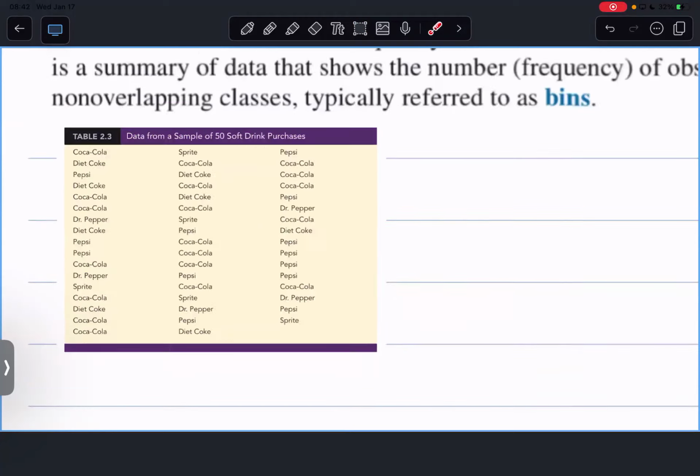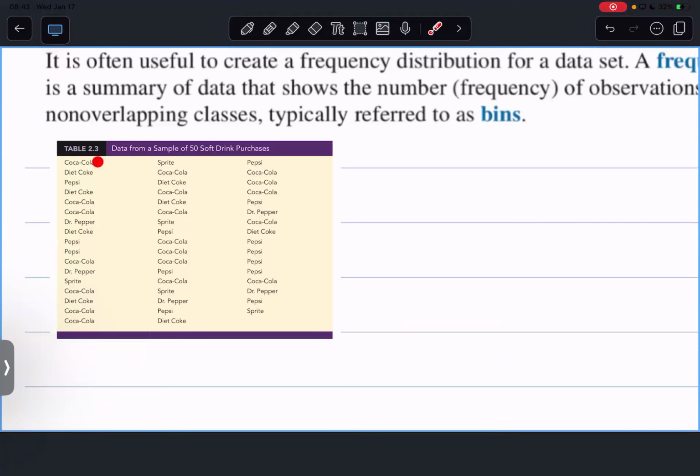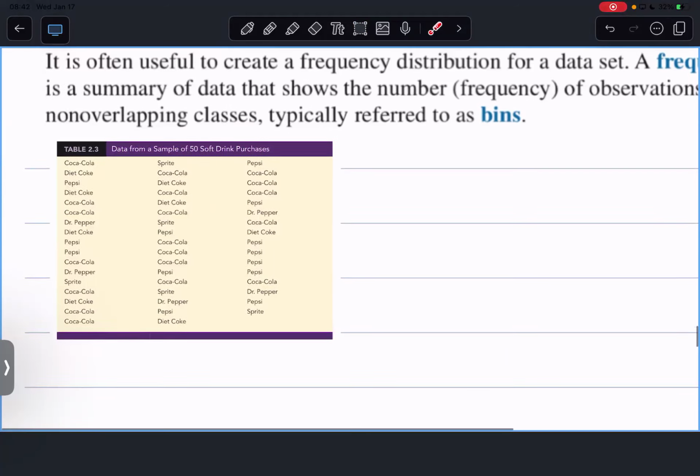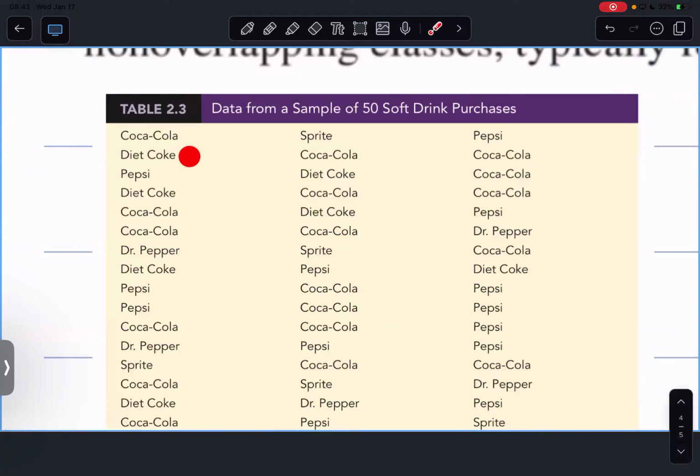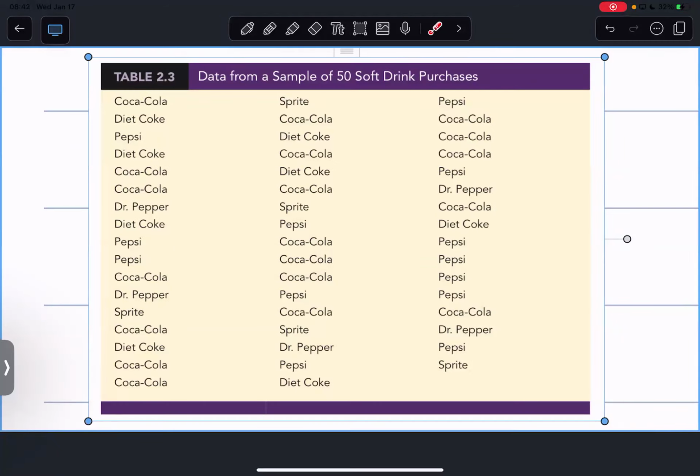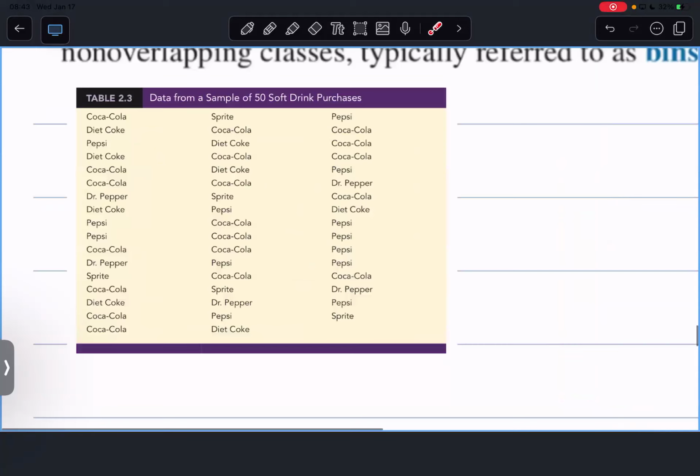It looks like I've got a Coca-Cola category, a Diet Coke category, a Pepsi, a Dr. Pepper, and a Sprite category. You'd have a category for each of the pops that you sell. Sometimes you sell 0, so they wouldn't appear, but you'd want to communicate that. But in this case, let's assume at least one of each that you sell was sold.